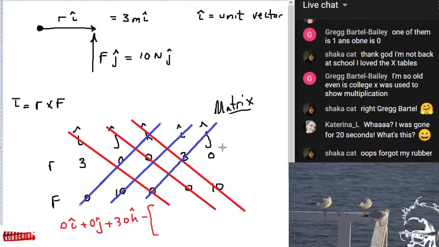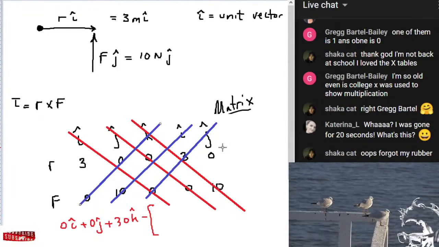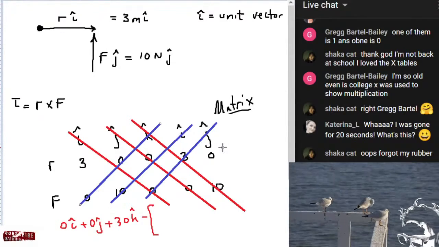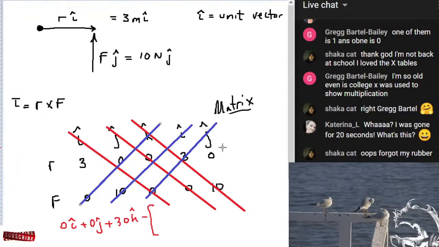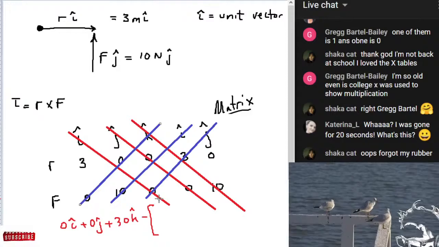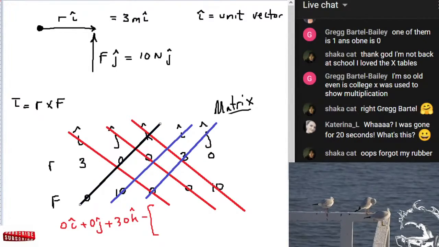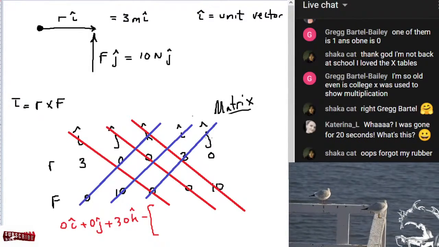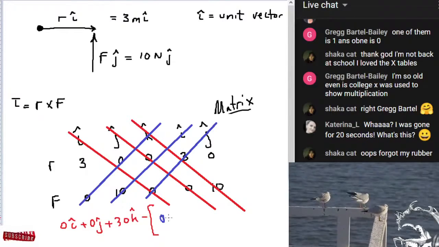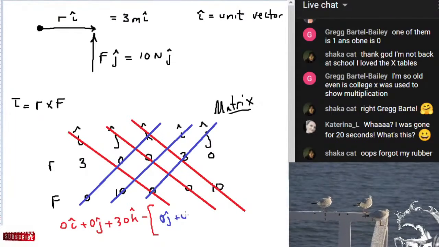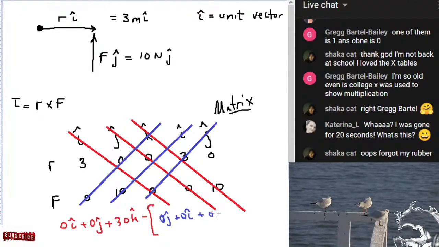That's okay. So it'll be 3 times 0, which is 0, 0 times 10, which is 0, and 0 times 0, which is 0. So we're going to write that. 3 times 0, which is 0 j hat, plus 0 i hat, plus 0 k hat.